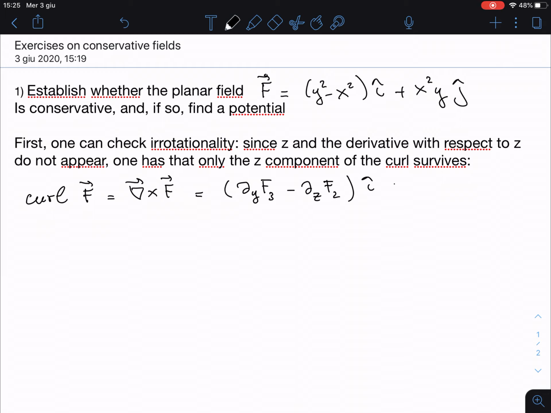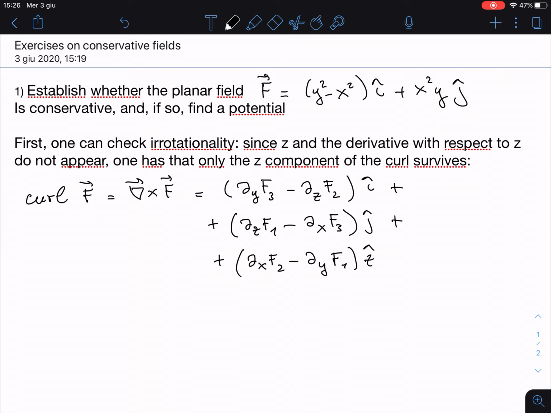The second is dz f1 minus dx f3, the j component, and the last component is dx f2 minus dy f1, along z. Now we are in the case of the planar field, so there is no z, the derivative with respect to z is always 0, and moreover there is no f3. So the only component of the curl is the last one.